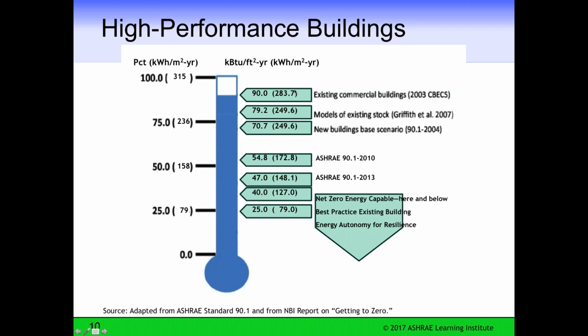So this was the baseline. Then if you look at models of existing stock, or computer-based modeling, it wasn't 90, the models produced 79.2, or let's say 80,000 as a benchmark. Again, this is existing stock.